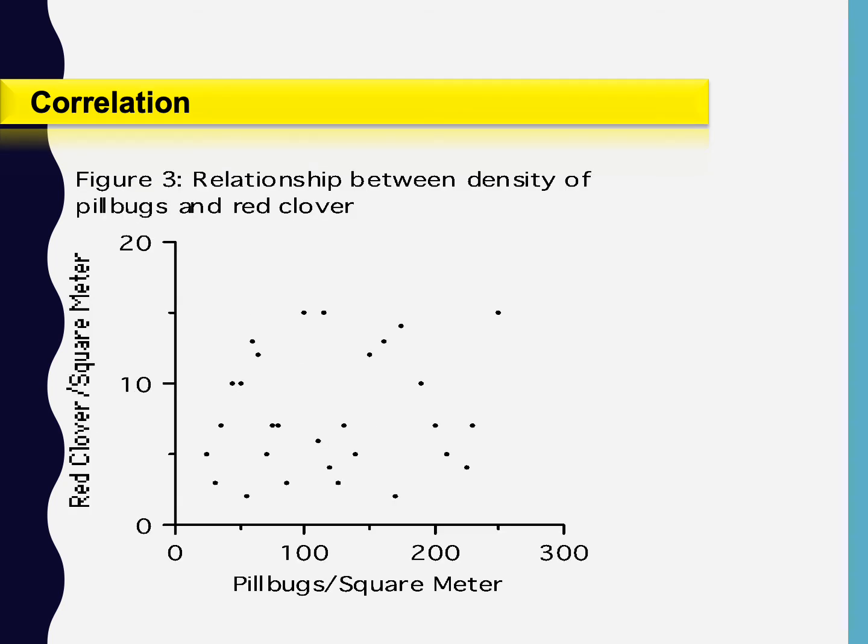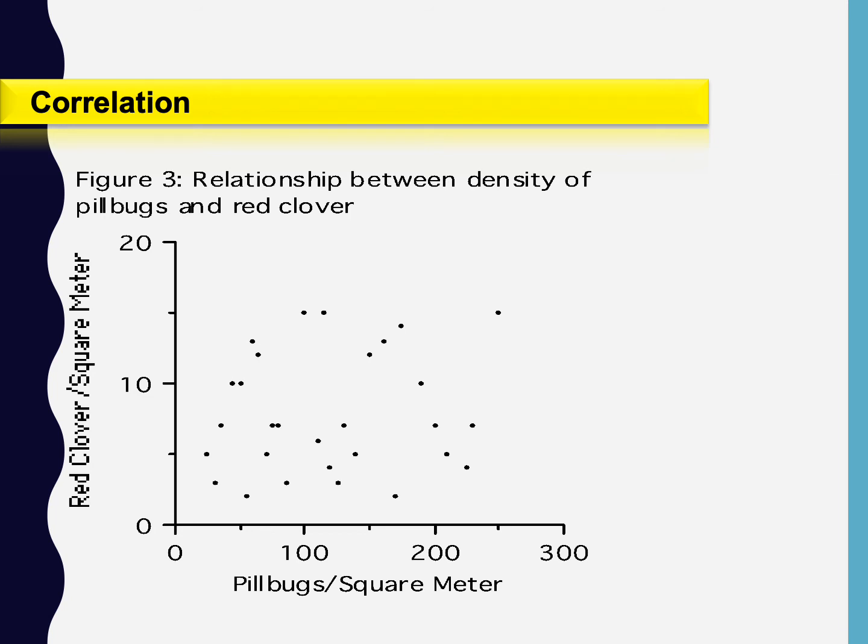Now, in this example, the scatter plot makes the interpretation of the data not that easy because the data points are really scattered. At first glance, we can conclude that the red clover per square meter and the pillbugs per square meter have no correlation, no relationship.